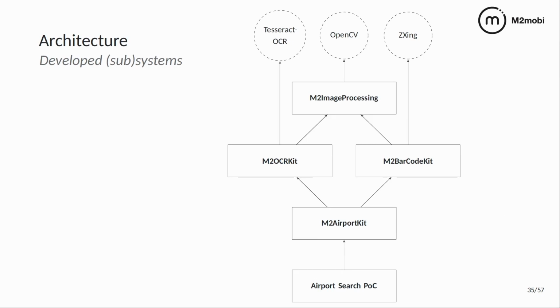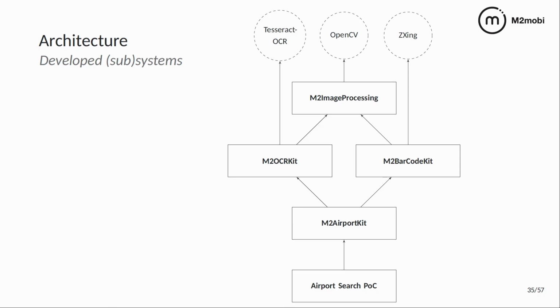And barcode kit basically only includes zebra crossing, and it works pretty well. There was not much to that, but you can still replace this very easily with another library, so this is still very useful. We could use native iOS barcode scanning here without changing all the apps below it.